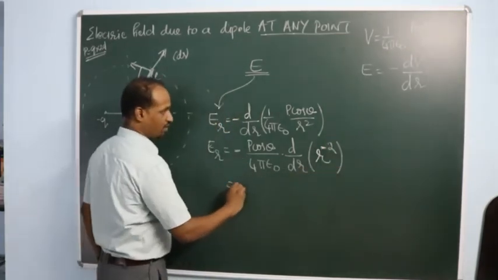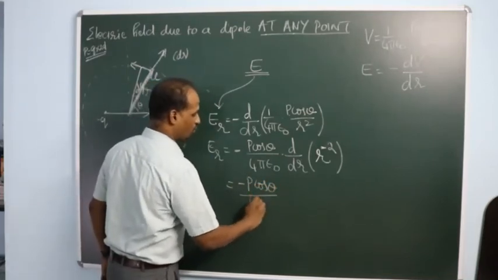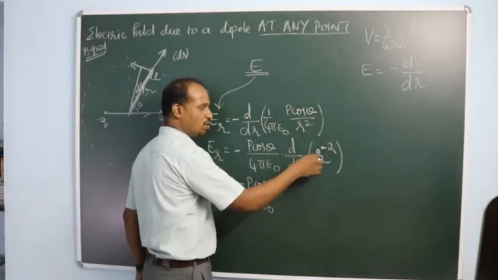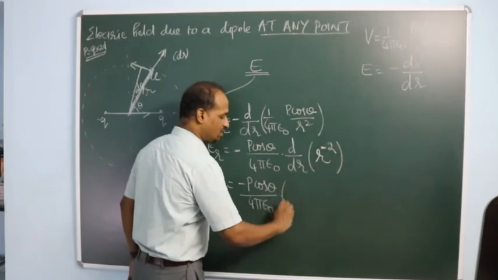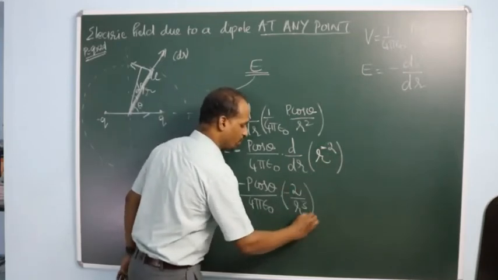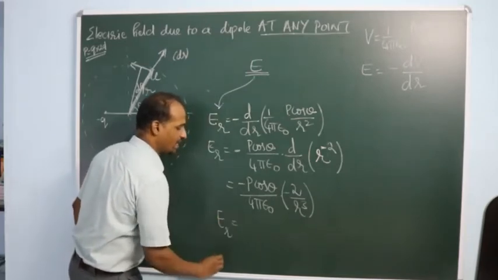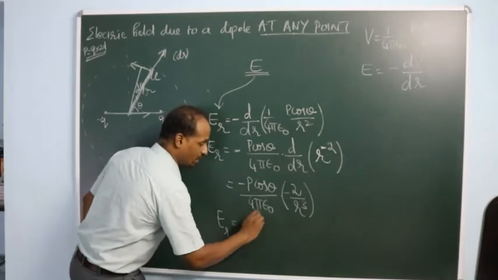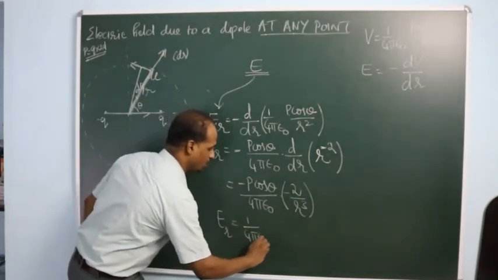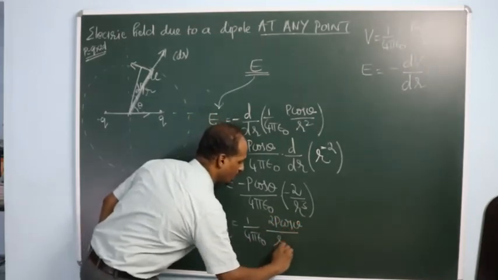So this will be equal to minus P cos theta by 4 pi epsilon naught into minus 2 r power minus 2 minus 1, which is minus 2 by r cube. So the electric field component along the radial direction is, the minus and minus cancel, 1 by 4 pi epsilon naught into 2P cos theta by r cube.